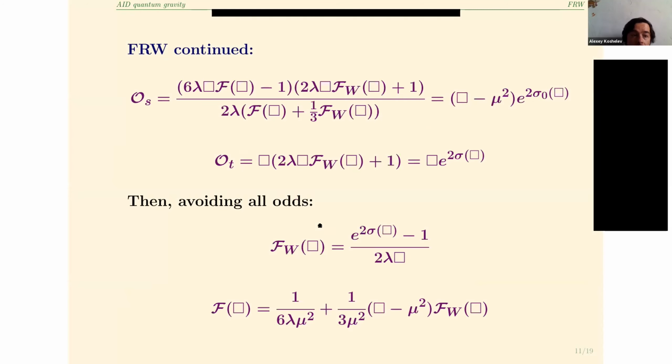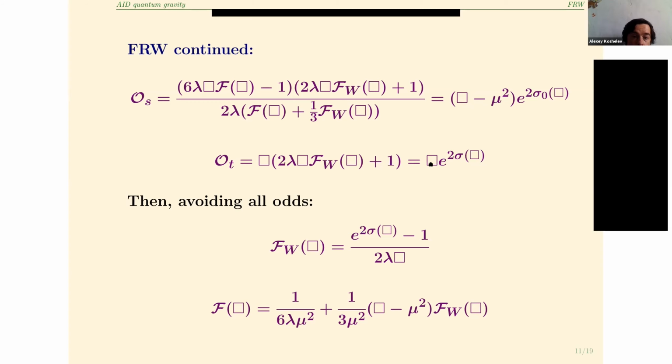Which means if we return to our previously derived expressions for scalar and tensor propagators in ADM decomposition, and I somehow like the ADM decomposition better because it immediately shows me the physical graviton with two polarizations, then the only thing which I must require is to equate whatever is obtained for scalars to this expression, which means some massive excitation with mass mu squared and the exponent of an entire function, and then equate the tensor propagator just to this, because I know that no extra mode is allowed, because one, thanks to box, already exists.